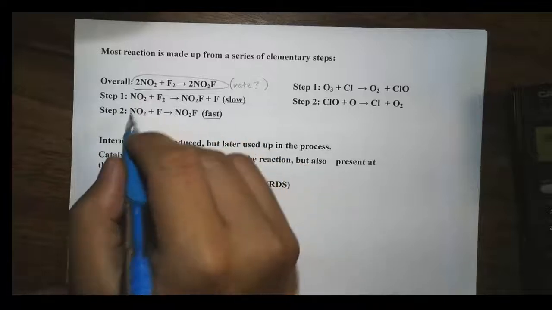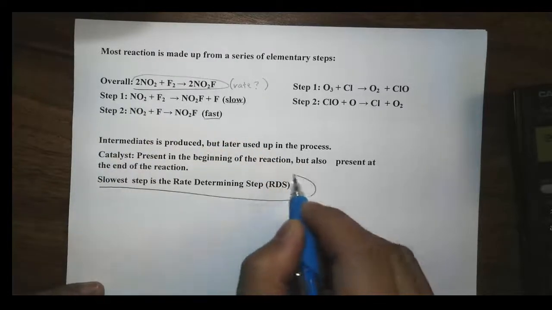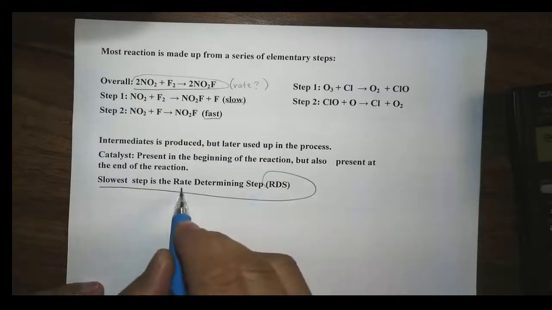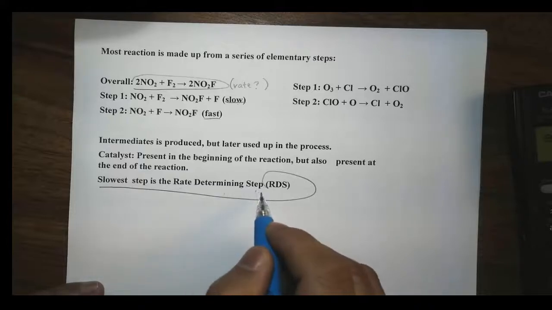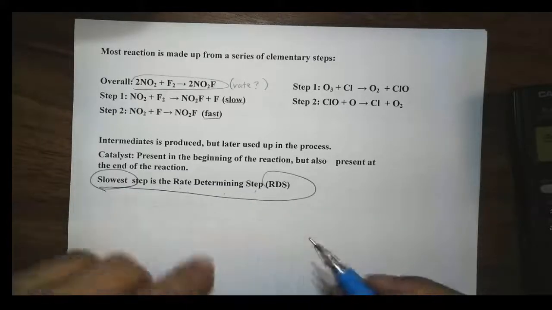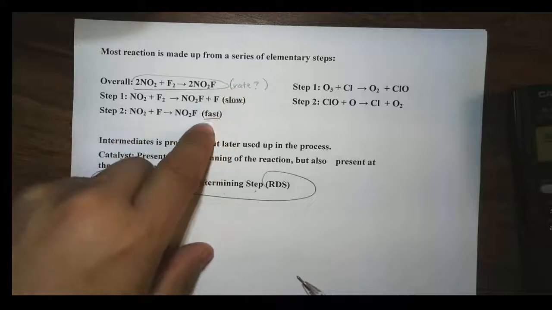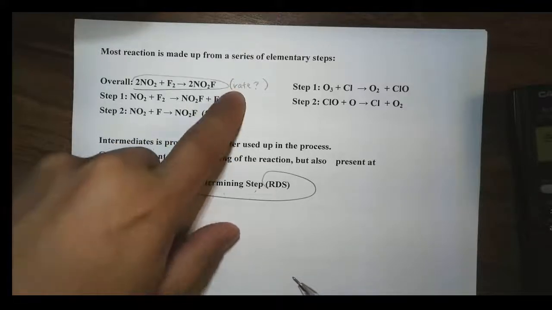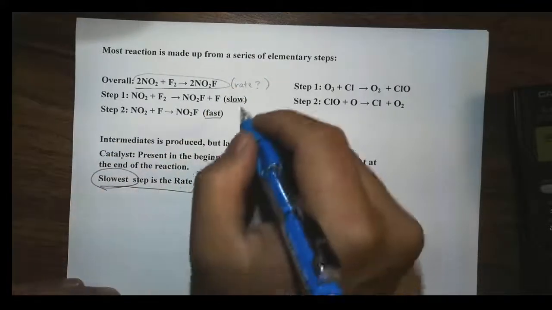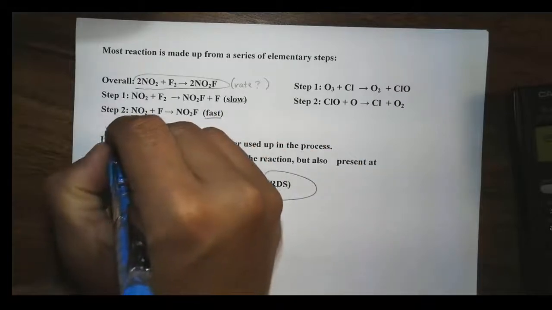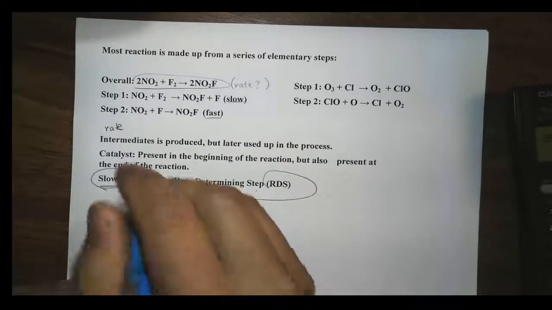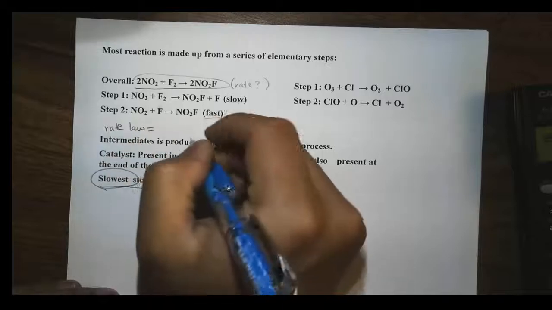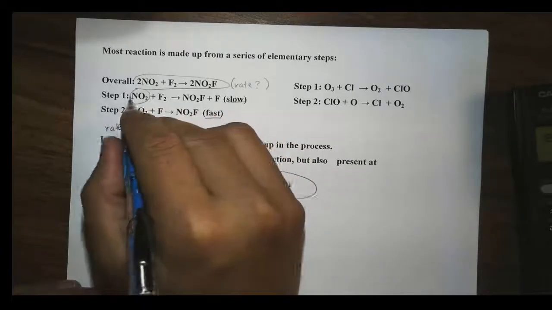And here we have the term RDS. RDS is basically the rate determining step, and that is based on the slowest step. So in your series of reactions, it will tell you if it's slow or fast. If that's the case, the rate law will be based on the slowest step. So the rate law for this will be what? It will be relative to the reactants.